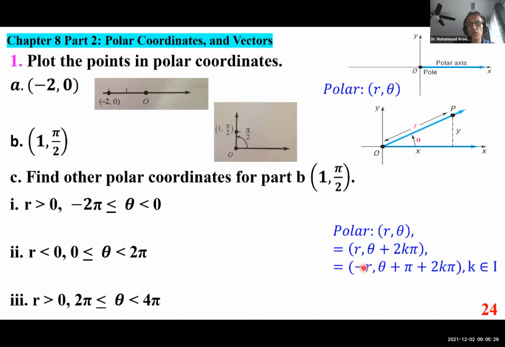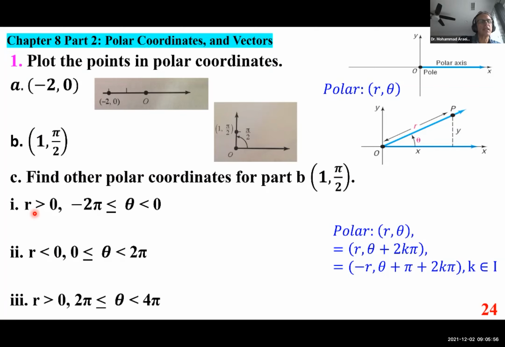If you change the r to negative, then you have to add a pi to it. What this means, if you look at these two combined, is that you are negating r and you're adding an odd multiple of pi, such as 3 pi or 5 pi or 7 pi. That's the meaning of it.